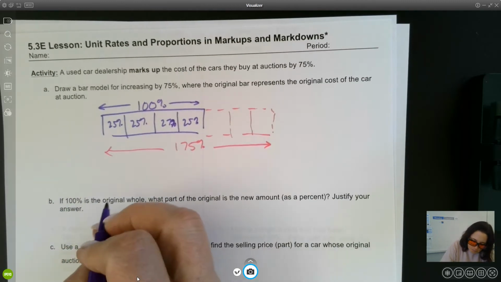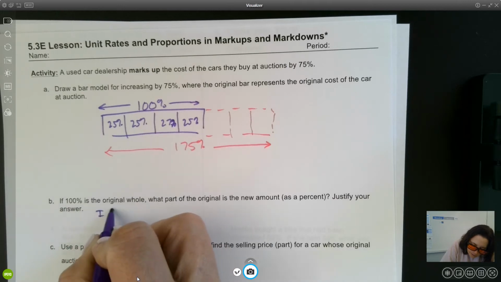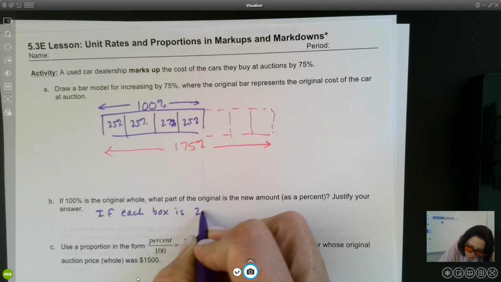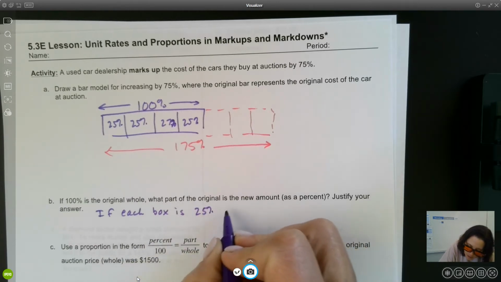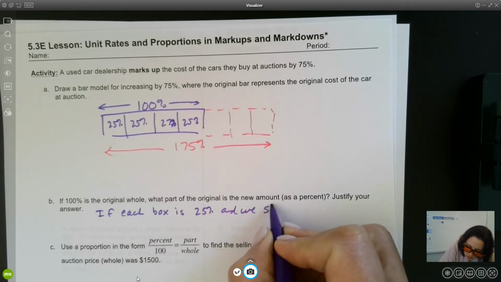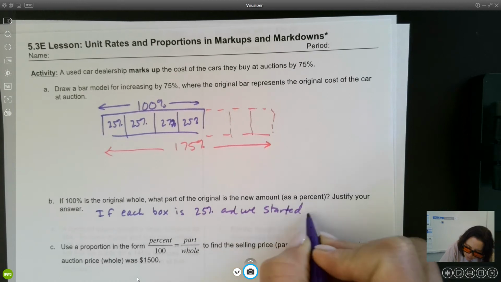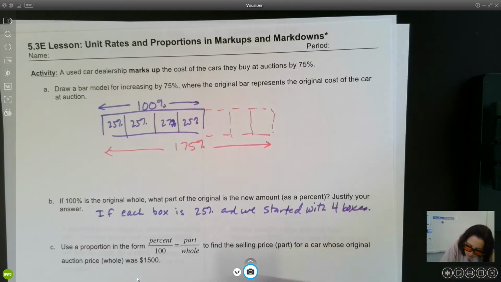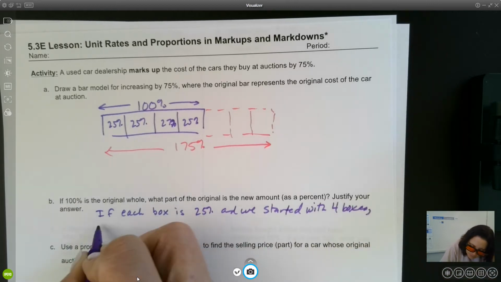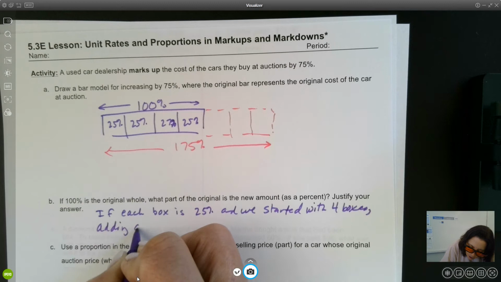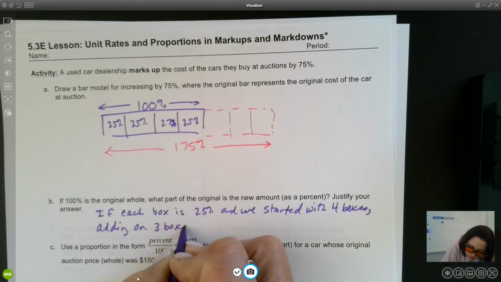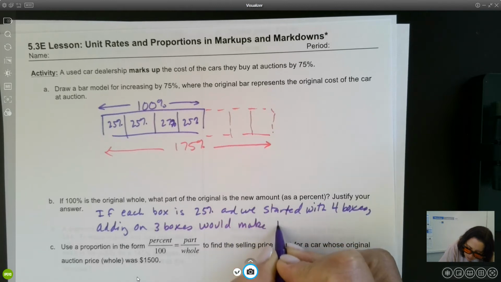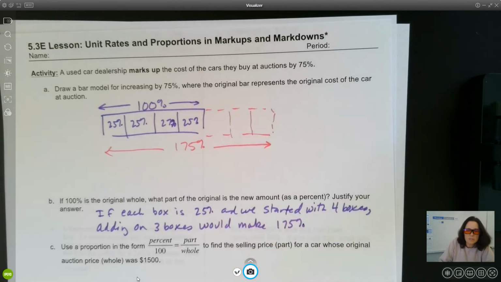Okay, so if each box is 25% and we started with 4 boxes, adding on 3 boxes would make 175%.